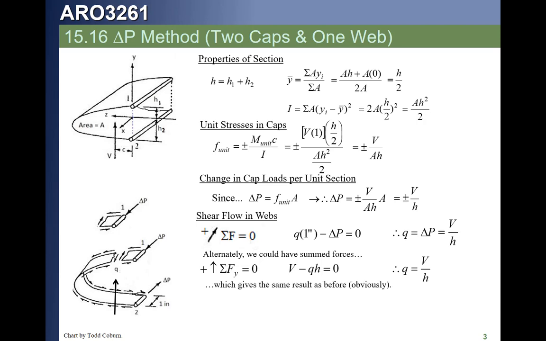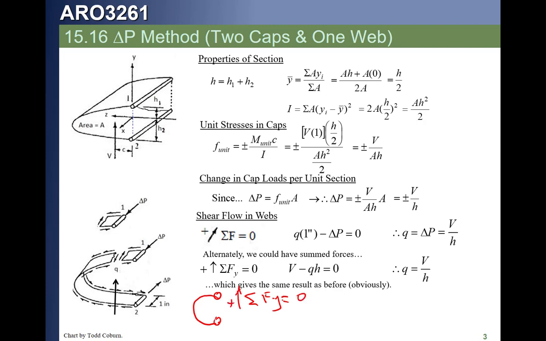Now, because we have only a web, if we look at this part again, what we have are two normal areas and something that has shear resistance. Remember, these caps have normal resistance, but they have no shear resistance. So if we had instead summed our forces in the y direction, those must be equal to 0.